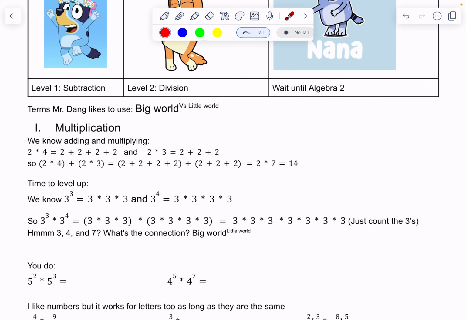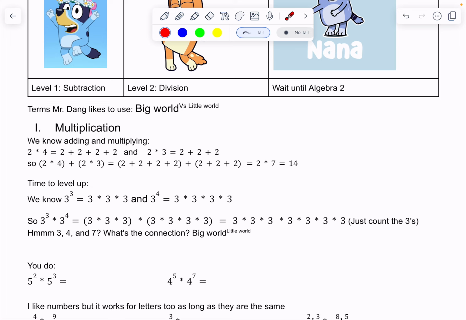So let's just practice some of our multiplications. If we're familiar with our multiplication well enough, 2 times 4 is just 2 plus 2 plus 2 plus 2. And then if I said 2 times 3, that's also just 2 plus 2 plus 2. That's very straightforward. This is elementary stuff. You're a smarter class now. But if I were to combine that and say, what is 2 times 4 plus 2 times 3?